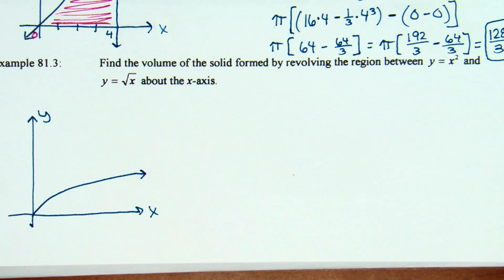Because what's y equals x squared? A normal parabola, but we're only going to need to worry about that parabola in quadrant 1. So there is y equals x squared. There is y equals square root of x.